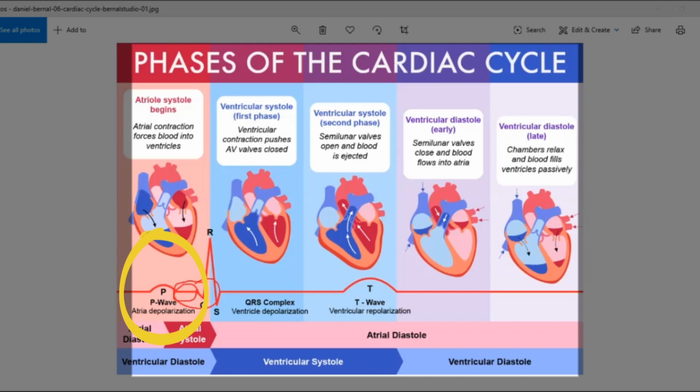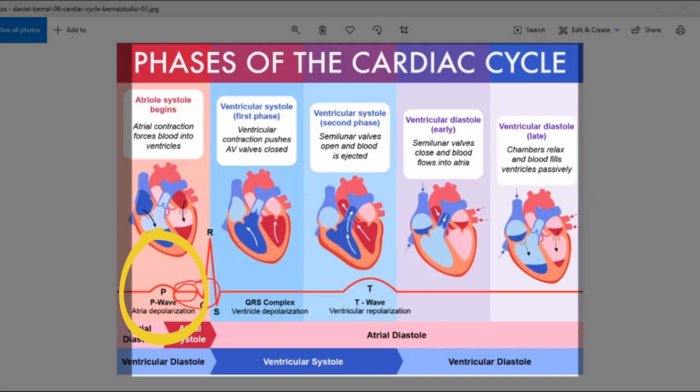The P wave, atrial depolarization. And what is happening during this depolarization? Why is it important? Well, the ventricles are filling during this phase, right? This is important because, based on this P wave, we will have this nice resting phase where the ventricles will begin to fill up with blood.